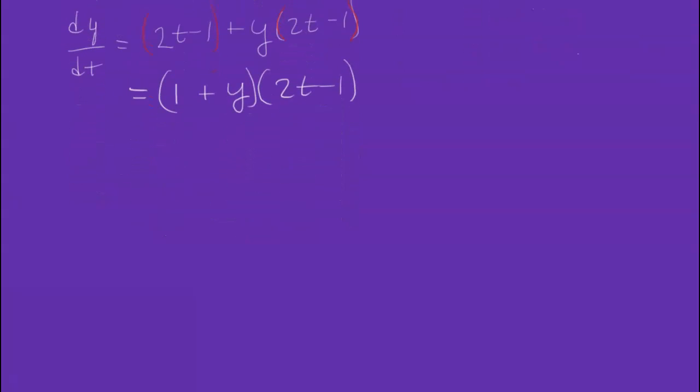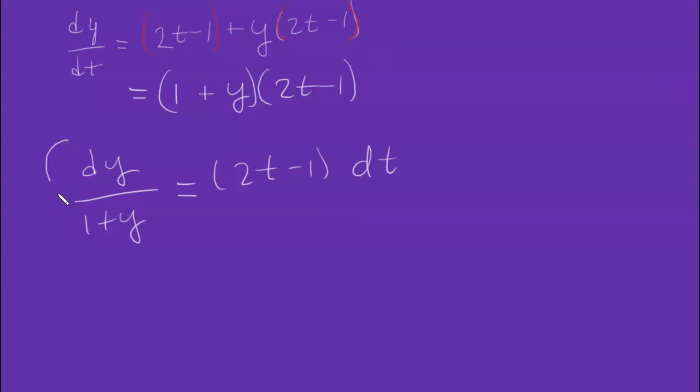All right, great. Now let's go ahead and move everything with y's to the left by dividing. So dy divided by 1 plus y is equal to dt times 2t minus 1. So I'm going to actually just write it like so.